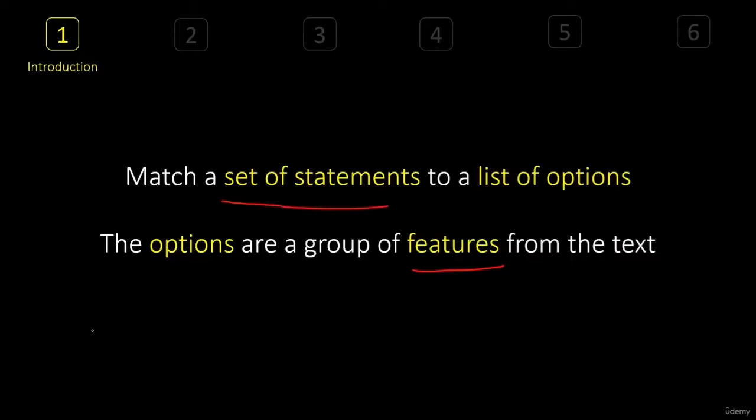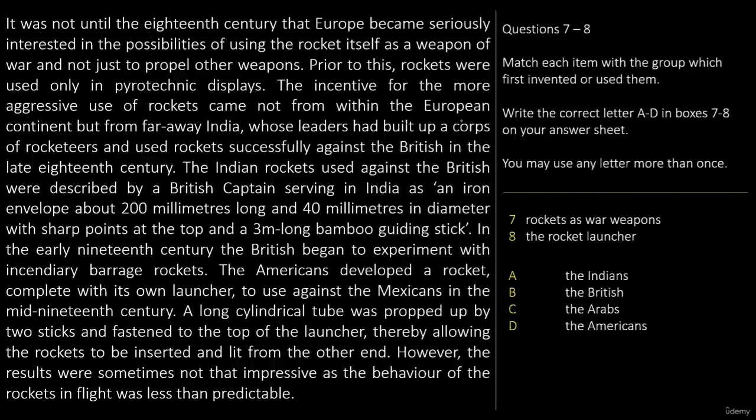All right, now let me show you an example of it so that you get clear about it. So if you see here, we have a passage here on the left, right? This is a passage. Here we have instructions. And here we have questions. Among these questions, we have something called statements. These are options.